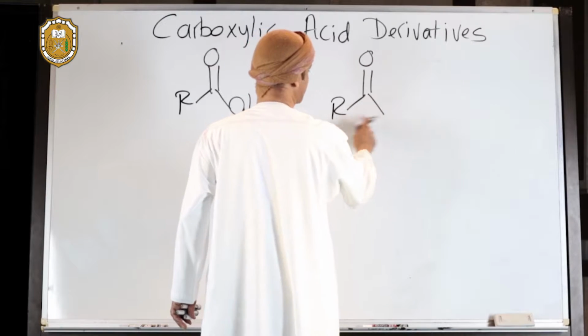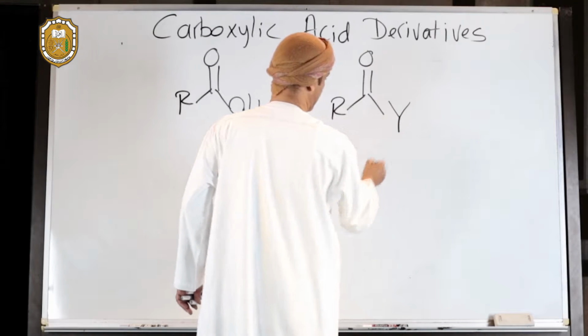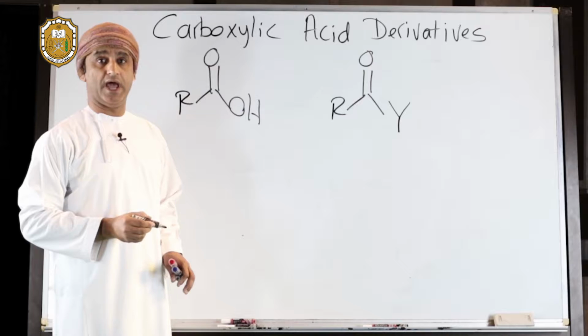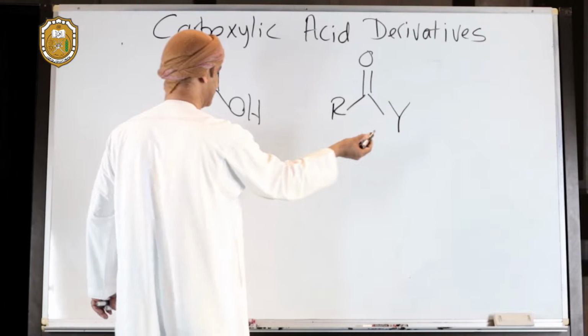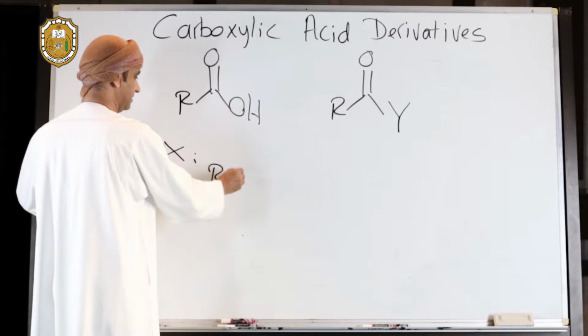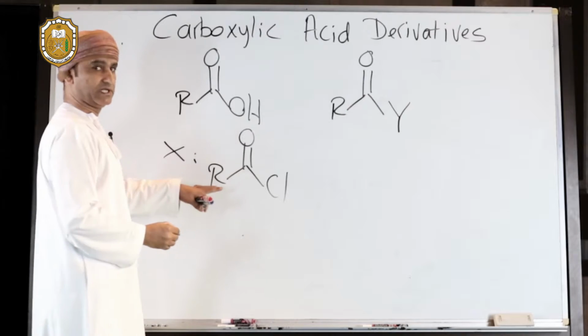We have talked about this before, and this is the general structure for carboxylic acid derivatives. We can put any symbol here like Y, for example, where Y is different from OH. Now, if Y is X, as in acid chlorides, then we get something like that.